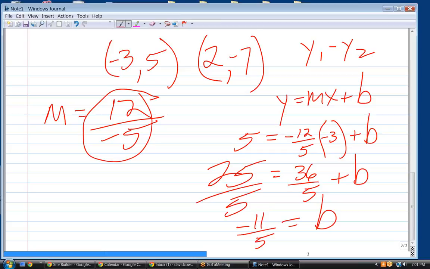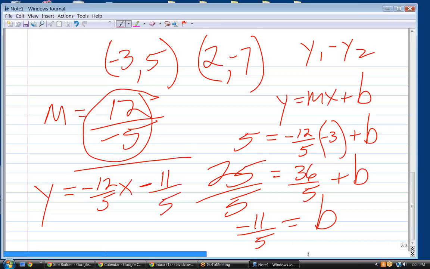So my equation is what? y equals negative 12 over 5 x plus negative 11 over 5. You don't need that plus, just minus 11 over 5. So this is what I would want to write as an answer.